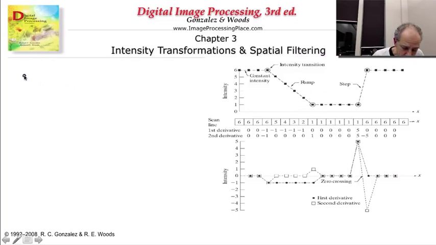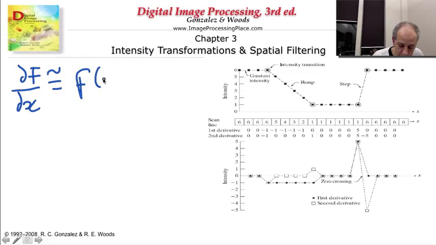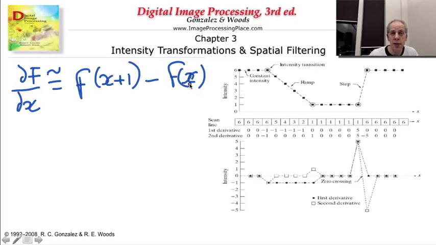If I want to take the derivative of an image in the x direction, I can basically write it down in discrete fashion as f at the pixel x plus 1 minus f at x. Very simple. I just subtract two consecutive pixels.